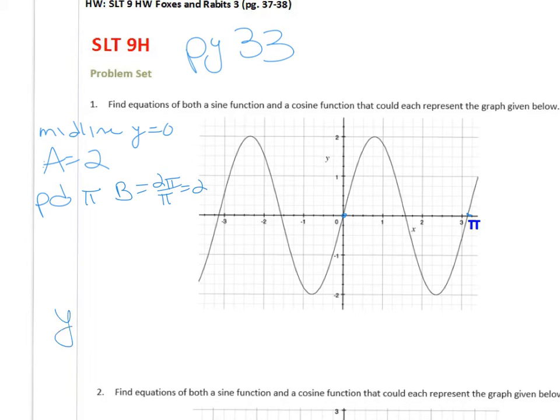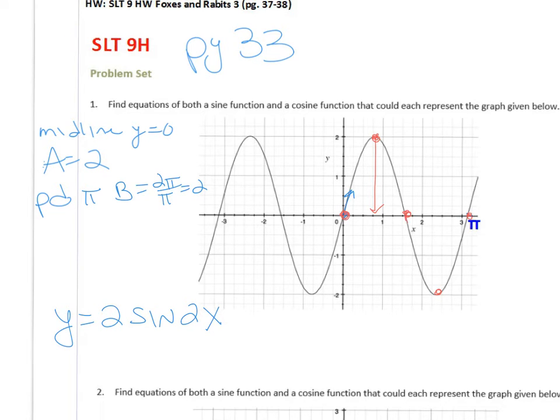My sine function has no horizontal shift, so I'm going to write that one first because this is the middle and going to a max. But for cosine, I need to figure out where this maximum is. I know that our graphs are split into five equal critical values: middle, maximum, middle, minimum, middle.